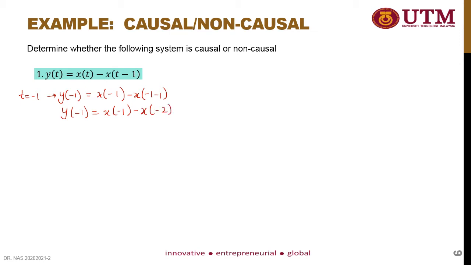When you compare the states, the output is at -1, so this is your current state. Your input point also has -1, so it's the same state. And then you have -2, which is smaller than -1. So you have the current state and also the previous state.